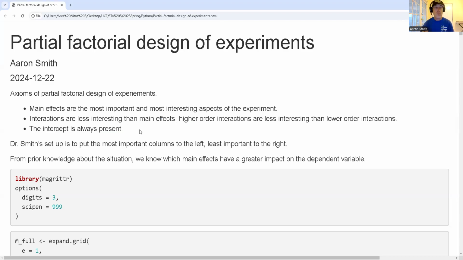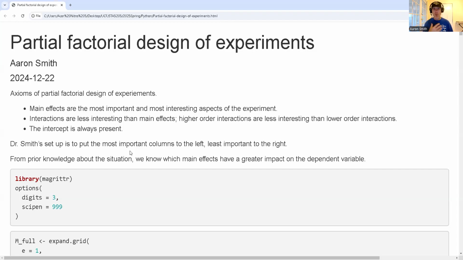All right, so as I set this up, to make things easier for me to interpret, to keep things simpler to work with, I'm going to set it up so that the most important columns are to the left. So before I run my experiments, I have an idea of which of the independent variables have the biggest impact on the dependent variable.